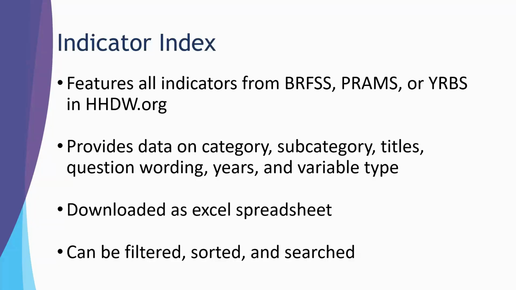They also include information about the question wording, the years when the data is available, and the variable type. For example, variables can be yes, no, or categorical. When you click on the indicator index, it's actually downloaded as an Excel spreadsheet. Because of that, you can filter and sort and search the spreadsheet to find exactly what you're looking for.